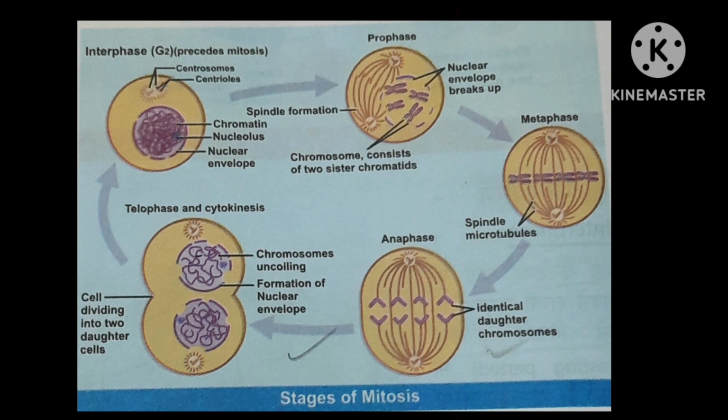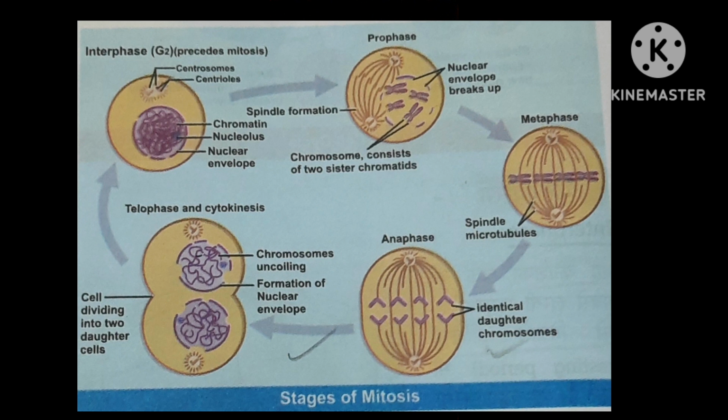Mitosis can be defined as a type of nuclear division that results in two daughter cells, each having a nucleus containing the same number and kind of chromosomes as the mother cell. Mitosis can be divided into four stages: prophase, metaphase, anaphase, and telophase, which come under karyokinesis.